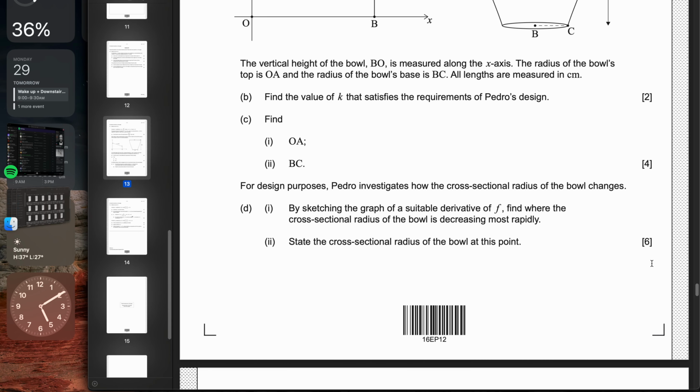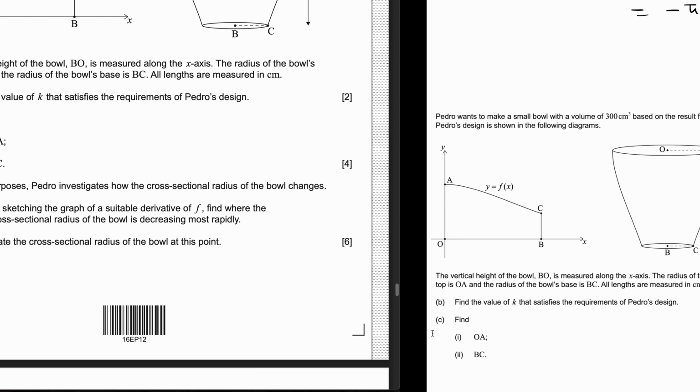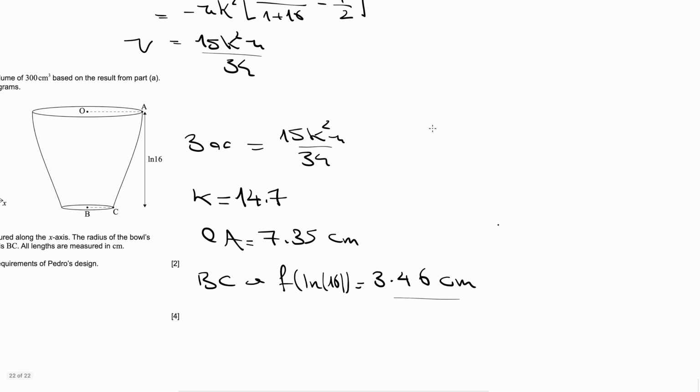I guess they want us to think, but it should tell us where the radius of the ball is decreasing most rapidly. I guess for this you can use point of inflection, right? So when your double derivative is 0, you know that at that point your dr over dt is a maximum.